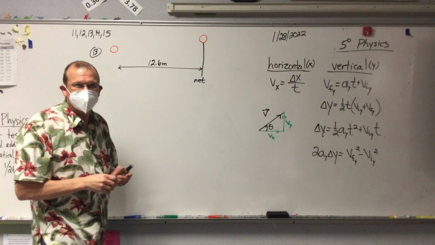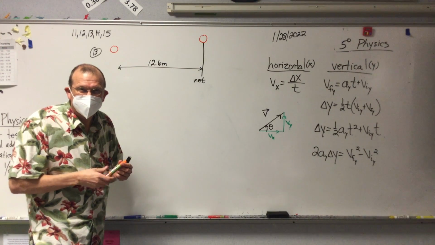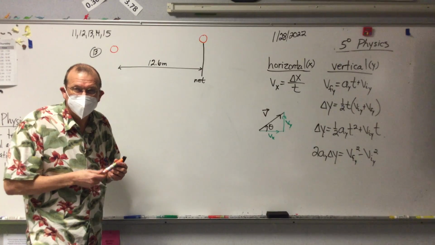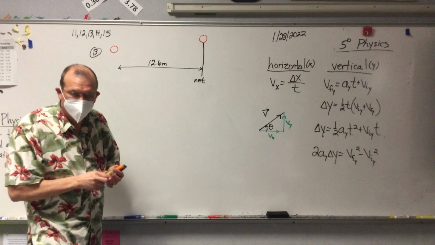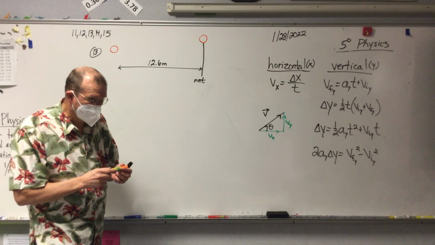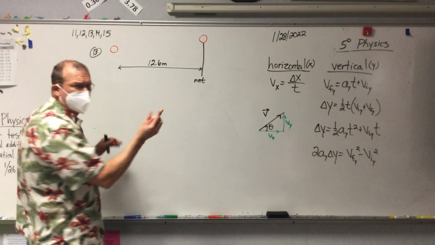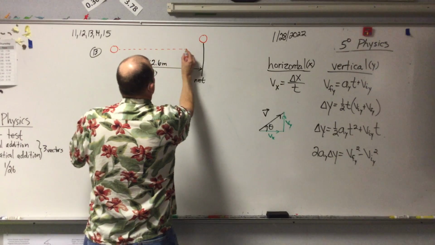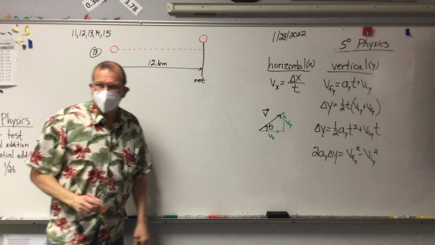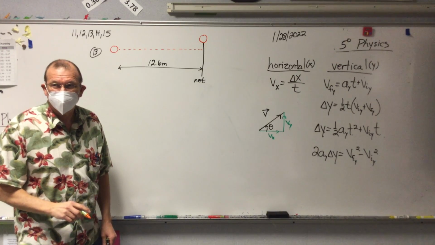This is where I'd really love somebody to come up and draw this in here. It's 0.33 meters, or it must rise. Okay, 0.33 meters. I'm going to draw a dotted line here. Where's that 0.33?